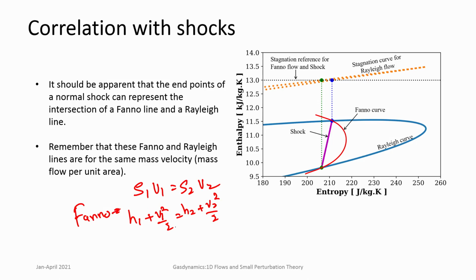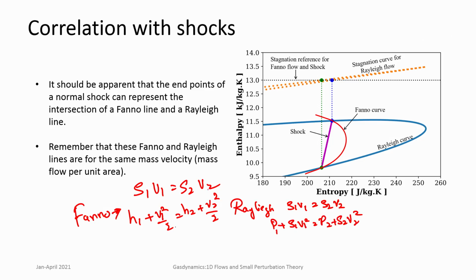while Rayleigh considers rho 1 V1 equal to rho 2 V2 and P1 plus rho 1 V1 square equal to P2 plus rho 2 V2 square.